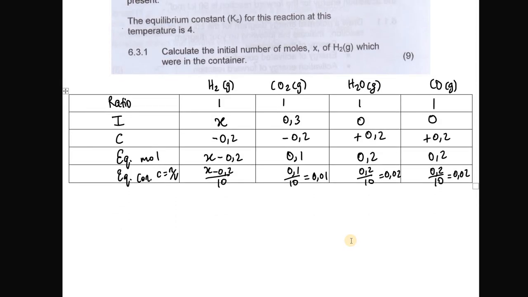Now we have to get x. So now we can therefore say Kc. We are given that the Kc was 4.